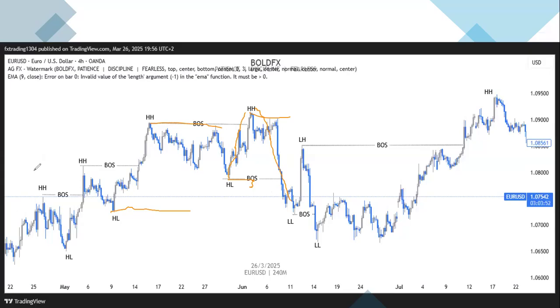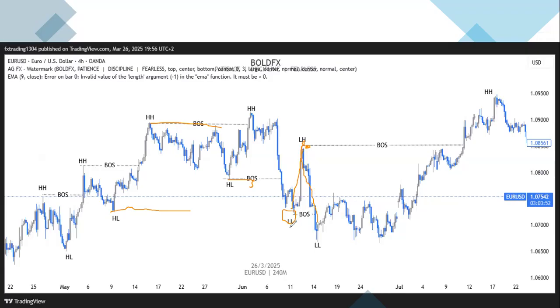So as you can see right here, price then forms a lower low because it is lower than the previous high. So it creates a lower low followed by a lower high. And then you get a break of structure.